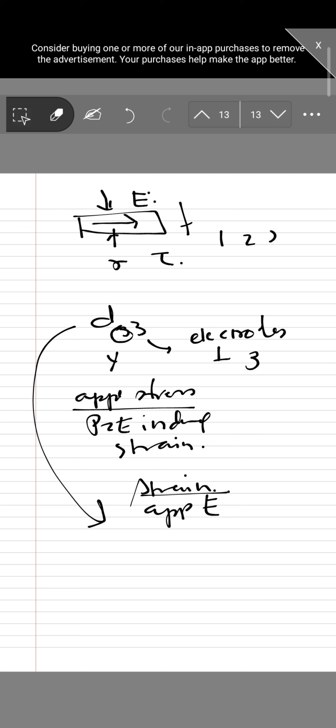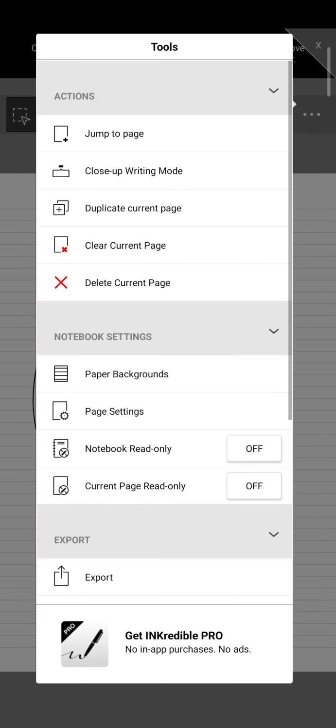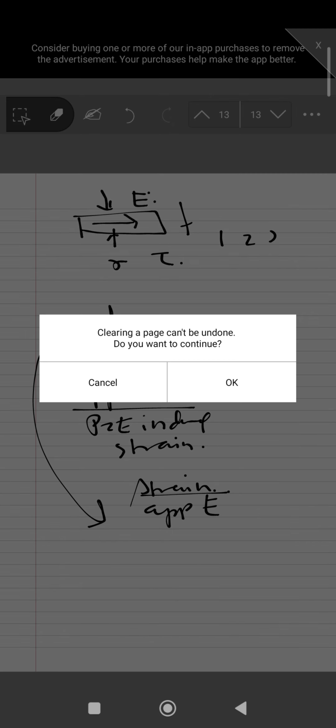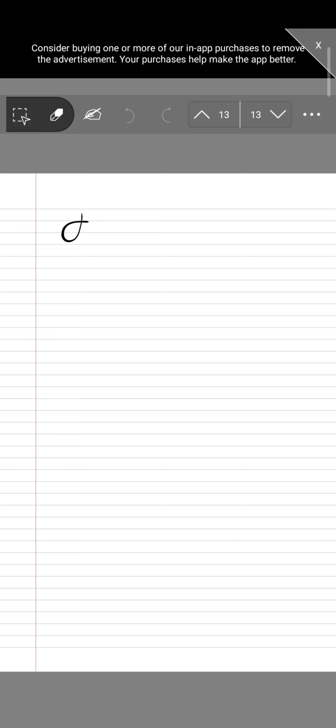So that is why when we are representing the piezoelectric coefficient, let's say D, or we'll first write dt, it is valid in this case, so it will have only the following components. We have D31, D32 and D33, and other components will be 0.